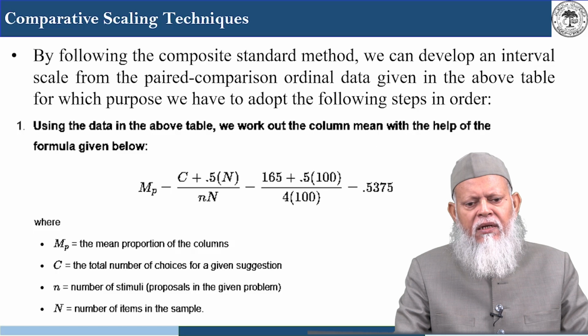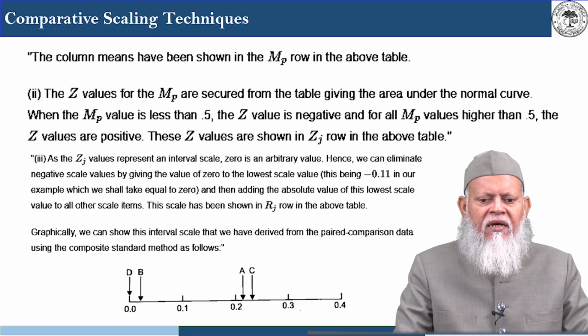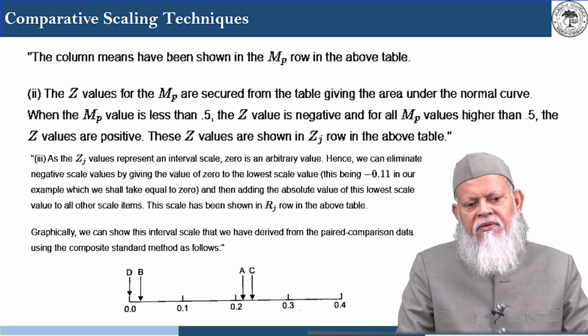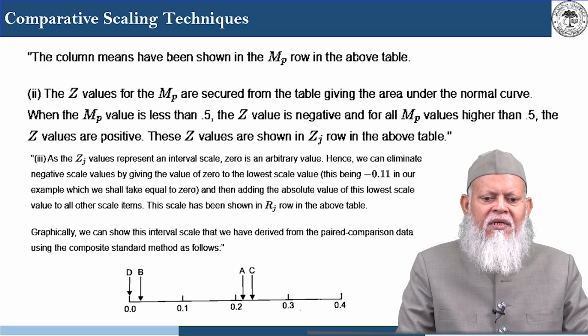So depending upon the Rj values, we have fixed the position of these stimuli. This has become an interval scale that we have derived from the paired comparison data using the composite standard method.